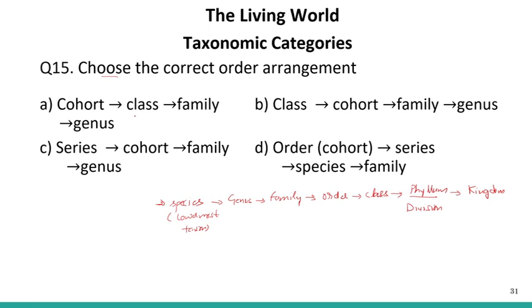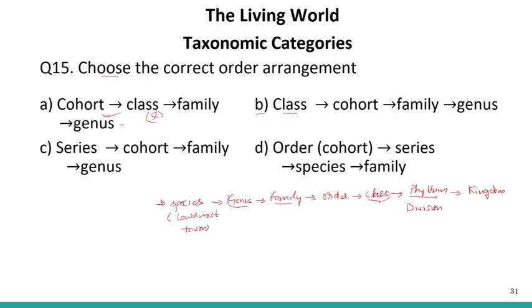Here the options are: cohort, class, family, and genus. Now this is not the correct answer. Coming to option B, here they are saying class, cohort, family, and genus.